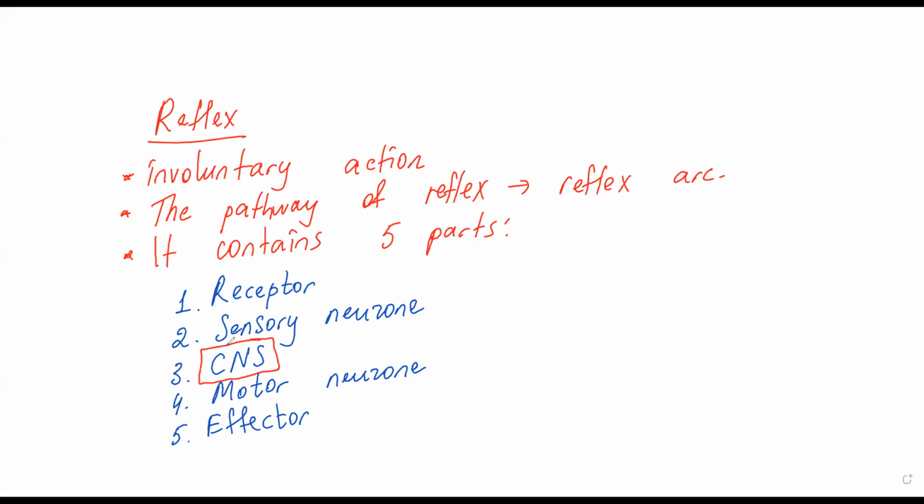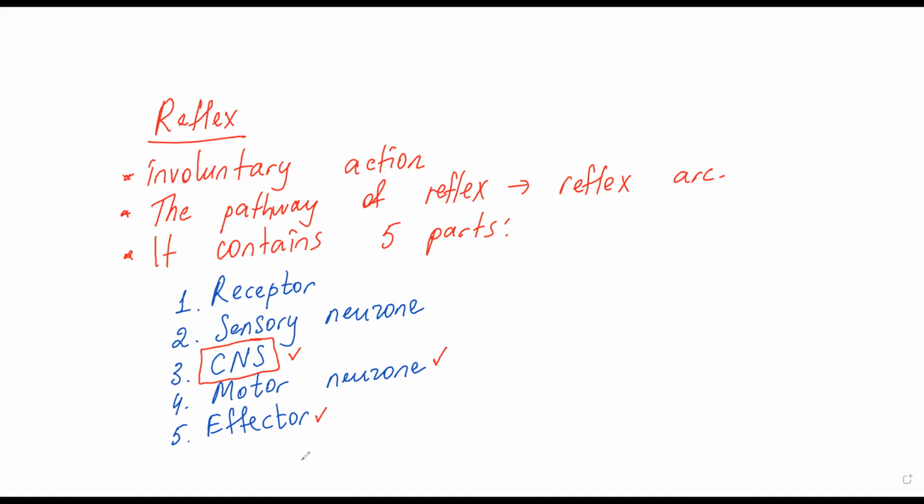Information goes to your brain, and the brain says this volume is not dangerous, so no need to respond. But if you hear, for example, a loud noise, your CNS will create a response, for example, close your ears. The answer through the motor neuron will be given to an effector, and the effector will produce the response.